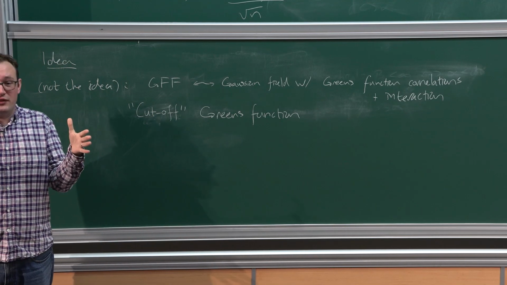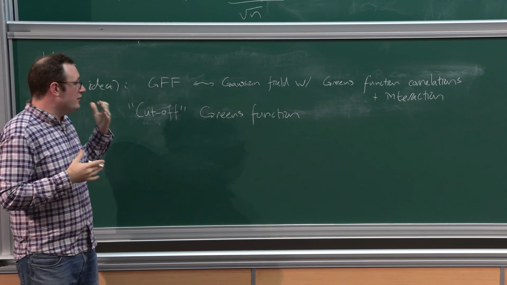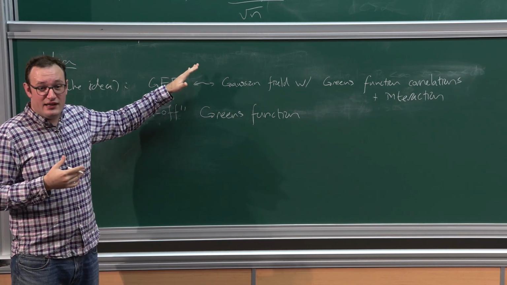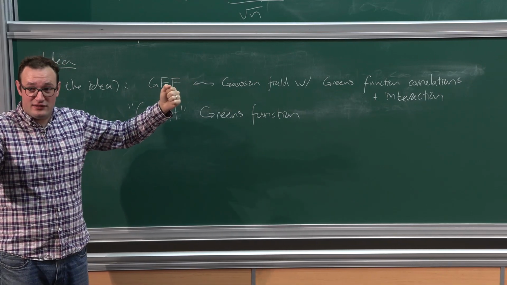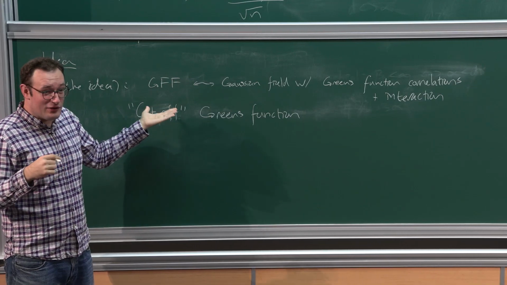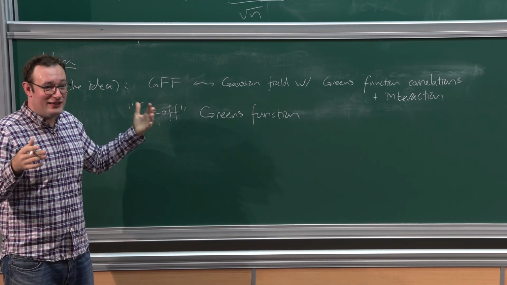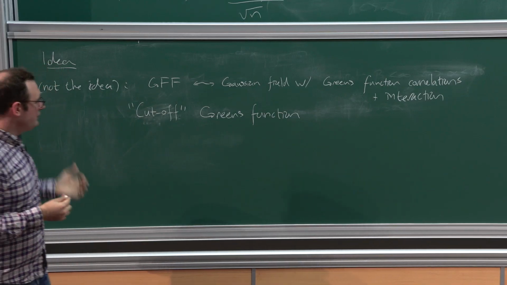So you want to replace it with some finitely supported thing, and that will mean that your Gaussian field with those covariances is now finitely dependent. Points sufficiently far away from each other are exactly independent. Now there are many ways that you could do this, and the precise choice of how to do this is a big part of the art of doing these kinds of arguments.